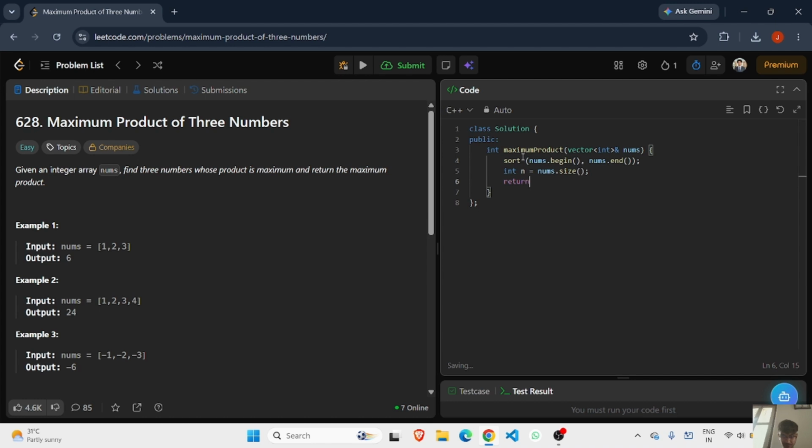Return max of nums[0] times nums[1] times nums[n minus 1], and nums[n minus 1] times nums[n minus 2] times nums[n minus 3].